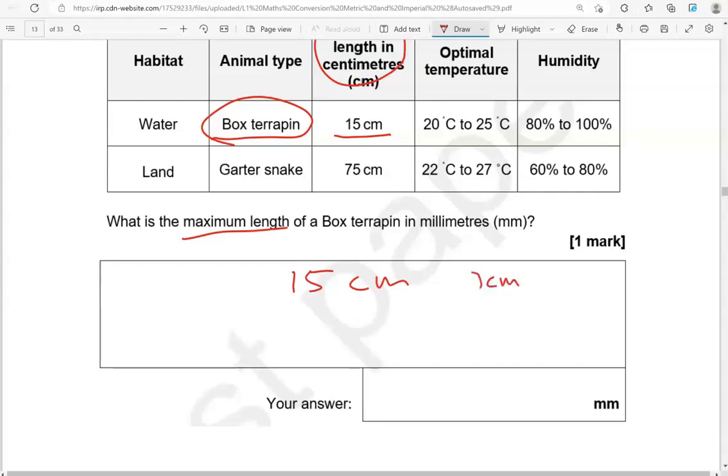We know that in 1 centimeter there are 10 millimeters. What about 15 centimeters? How many millimeters are there? So to get from 1 to 15, we multiply by 15, so we'll do the same here. Times 15, 10 times 15 gives us 150 millimeters.